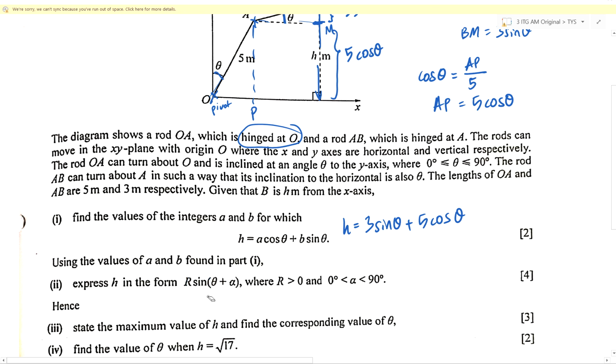So that we can apply our R formula, R is equal to root 3 squared plus 5 squared, sine theta. The sign doesn't need to change. If it is a plus, it remains as a plus for sine. Then we have tangent inverse 5 over 3. This is our R form.